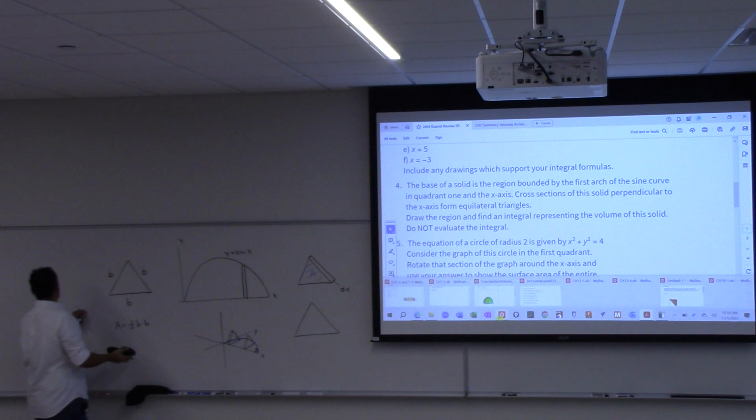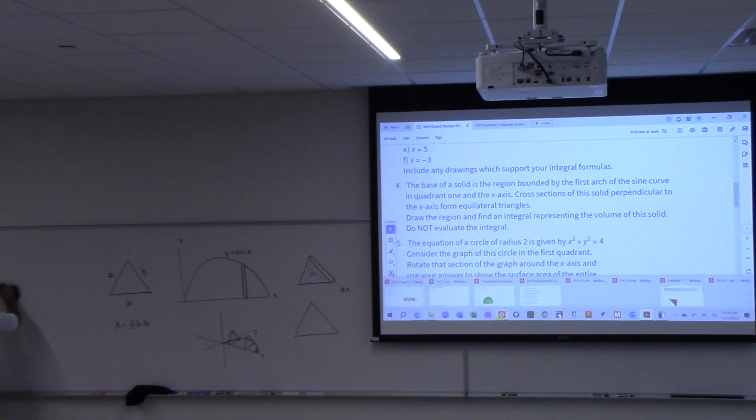And the formula that we can use is, I'm going to just draw it up. It's going to be off camera, but who cares? So if I give you a triangle, any triangle, doesn't even have to be equilateral, and this is the height, and this is the base, then of course, yes, the area is 1/2 base times height.